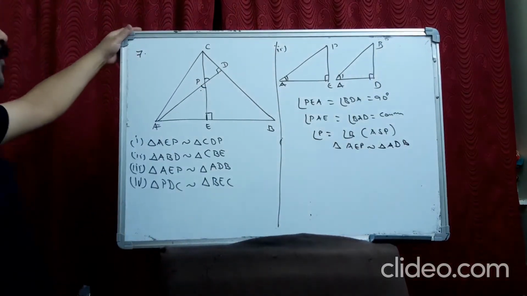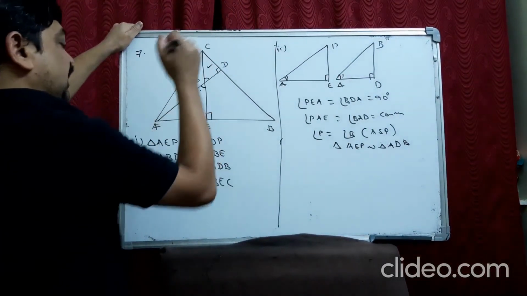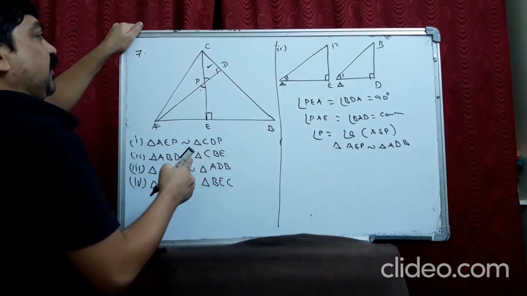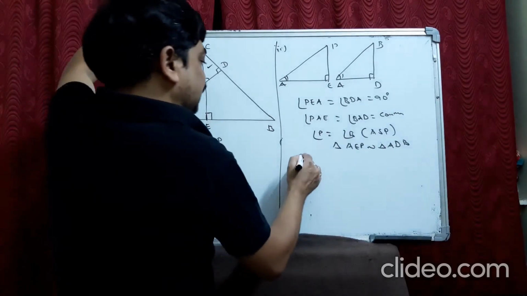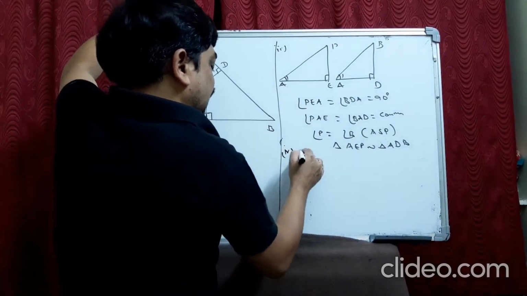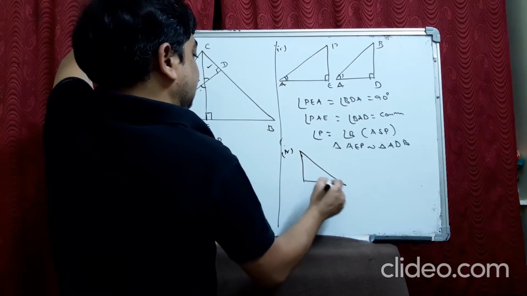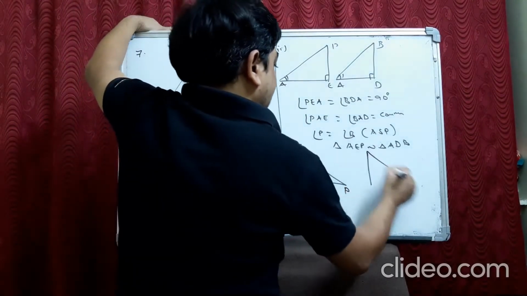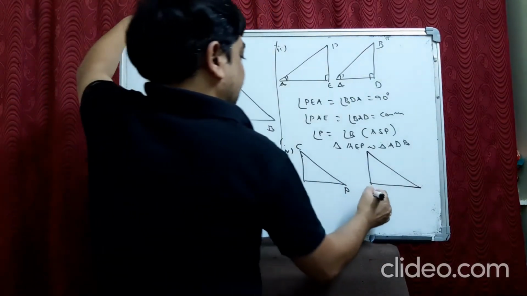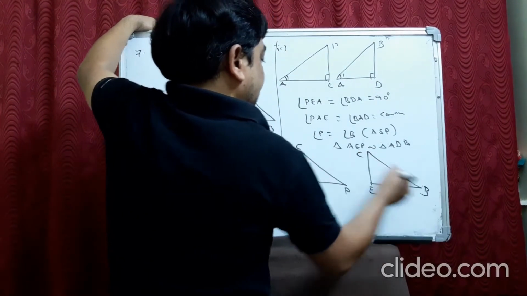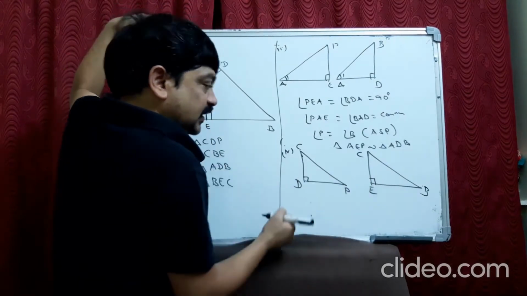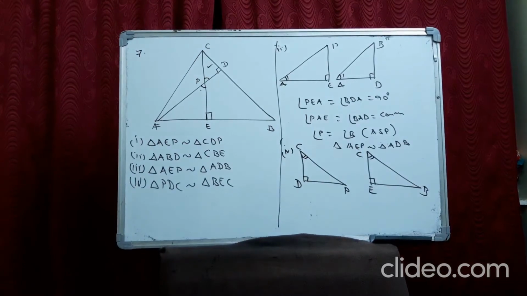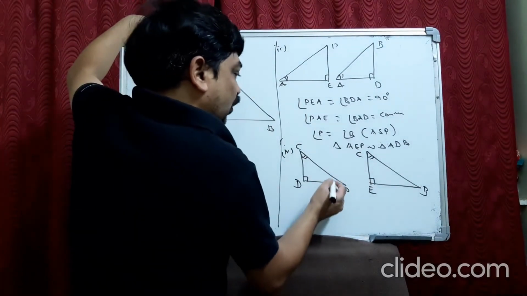The last one, they want triangle PDC with BEC. For PDC and BEC, angle C is the same. Let us draw this. PDC, and the other one is BEC. In both, angle D and angle E are 90. Angle C is common in both. Therefore, from angle sum property, the other two angles are equal.